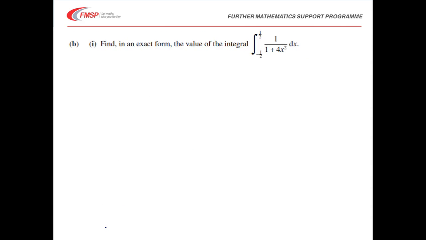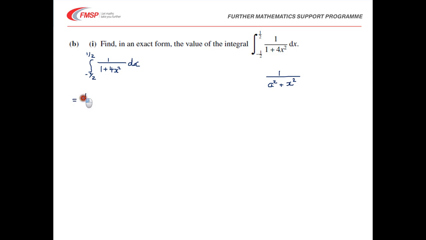Now my 2 straight integrals. Have a look in the formula book. I've got an integral of a function like this, 1 over a squared plus x squared. There's nothing in front of the x, so that means that I need to rearrange that to get rid of the 4. So I'm going from minus a half to a half, 1 over 1 plus 4x squared.